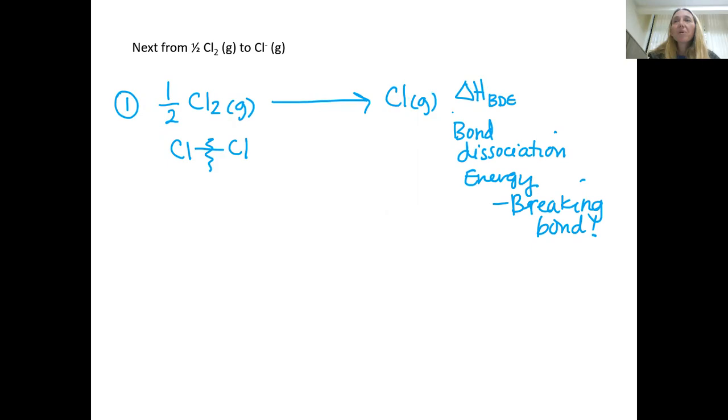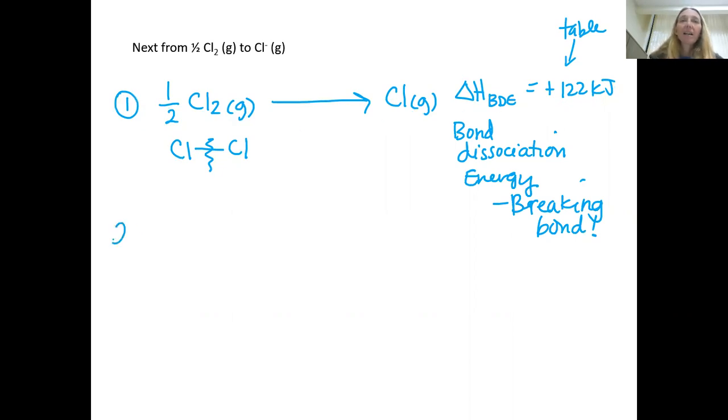So I looked up the bond dissociation energy, and this is a positive 122 kilojoules. I got this from a table. I take that chlorine gas, break it in half, and I have 1 chlorine gas atom, and the energy that it took is positive 122 kilojoules.